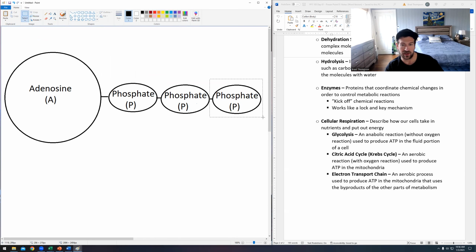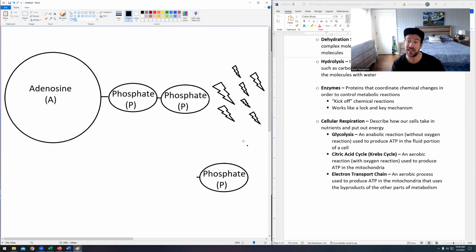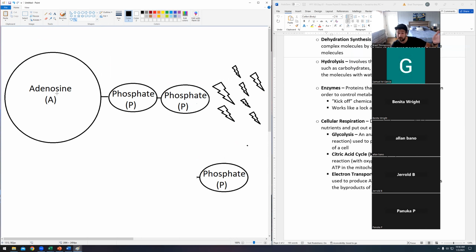What that's going to do is release a whole bunch of energy, right? And when all that energy gets released, that's what powers our cells. So I took something complicated, like an ATP molecule, and broke it down by kicking off that third phosphate.